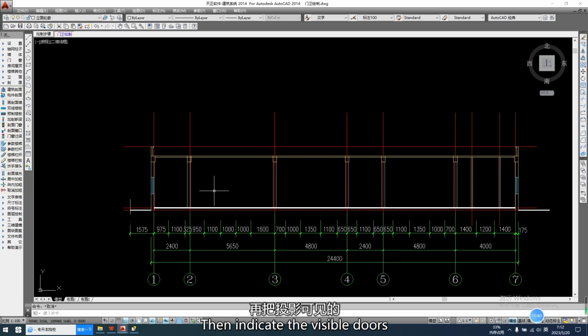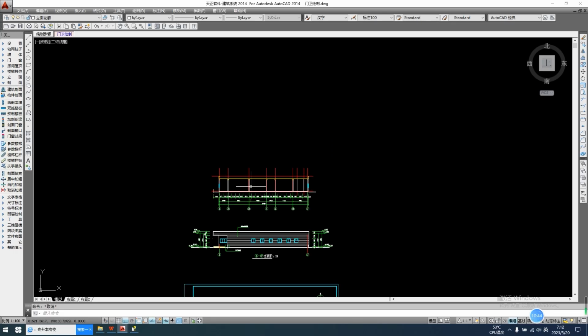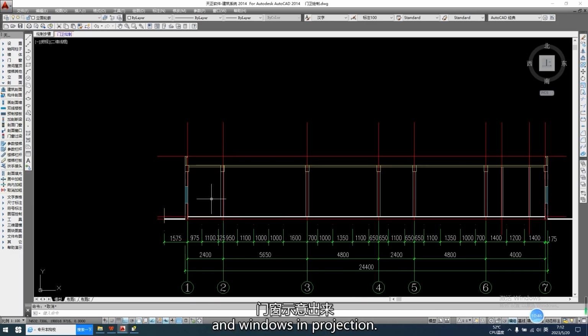Then indicate the visible doors and windows in projection.